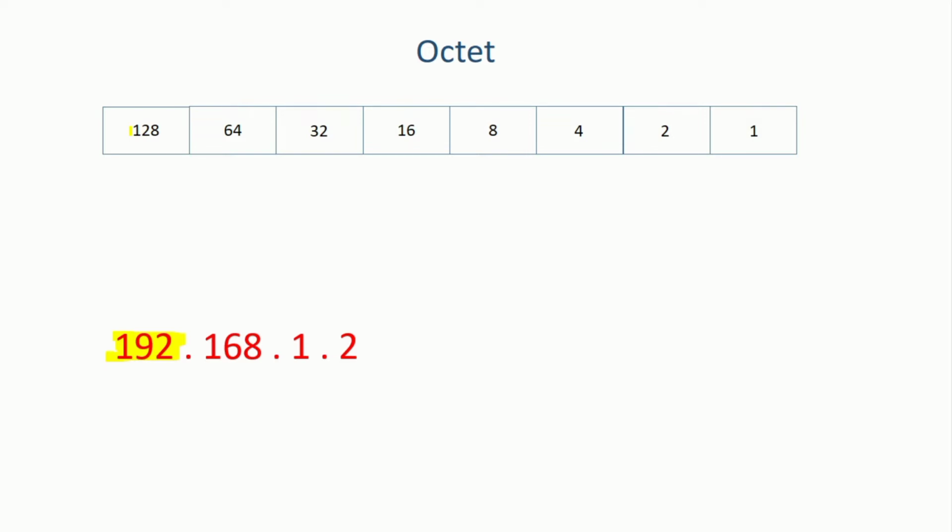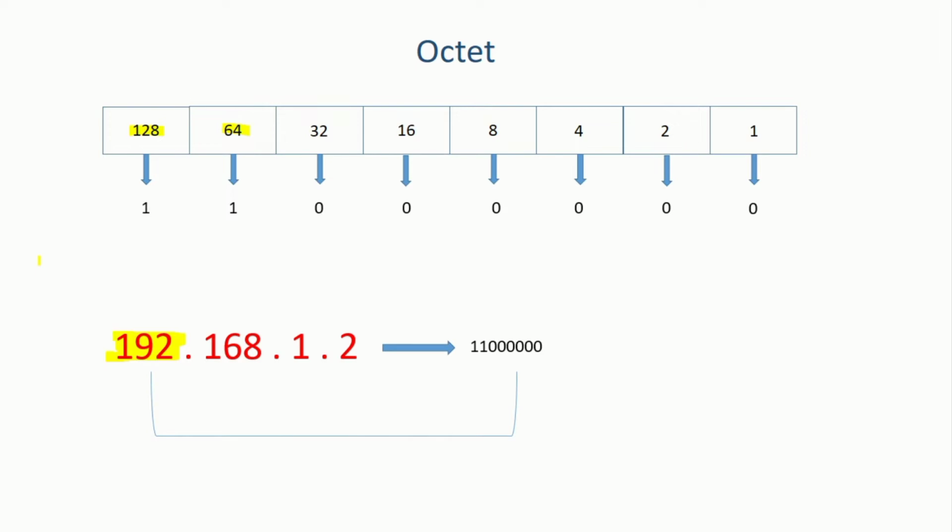When we add 128 and 64 we get 192. So the trick is we will write 1 in front of them, and all the rest we don't need, so we'll write 0 in front of them. These two numbers add up to give us 192, so they will be 1 and the rest will be 0. So this is how your binary number will be formed for 192. Okay, it is very easy.